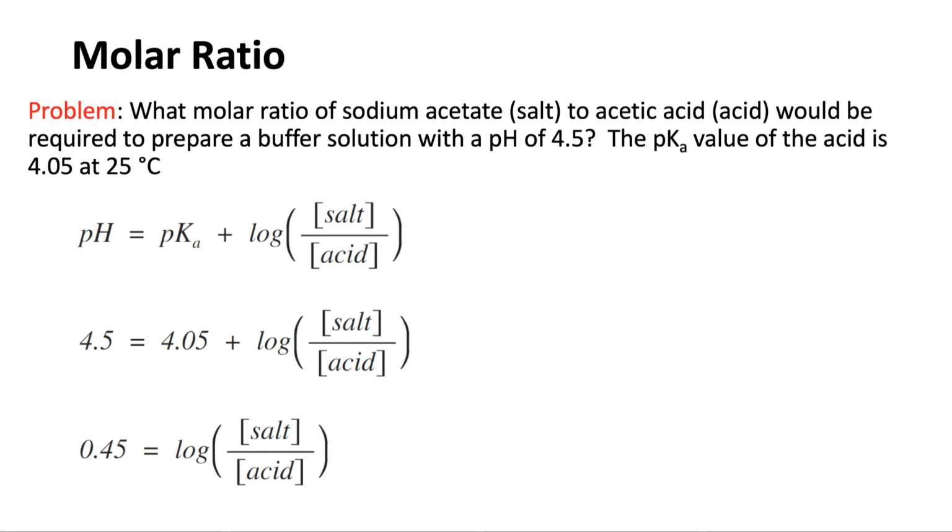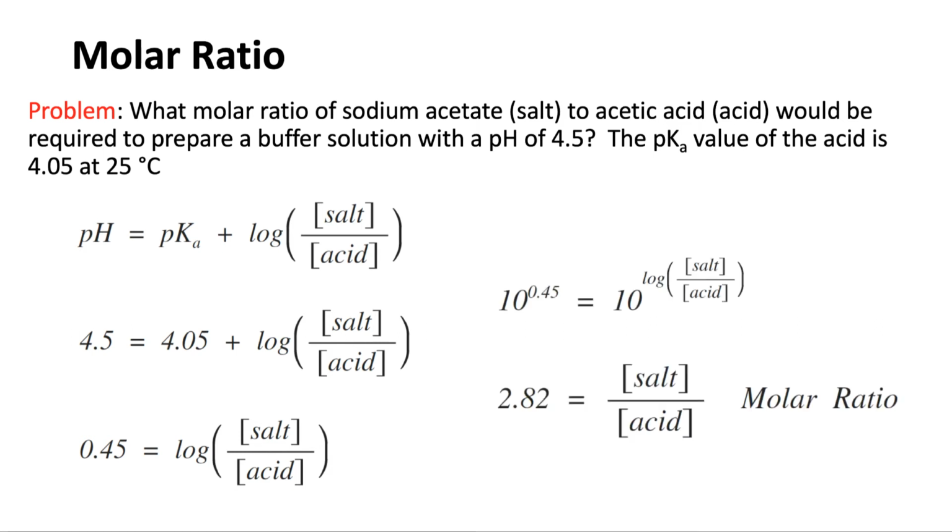So let's rewrite that. Since we know the pH we want is 4.5, we would say that 4.5 is equal to the pKa we were given, 4.05, plus the log of our concentration of salt over acid. Let's simplify that by subtracting 4.05 from both sides. Now we know that 0.45 is equal to the log of the salt over acid concentration.